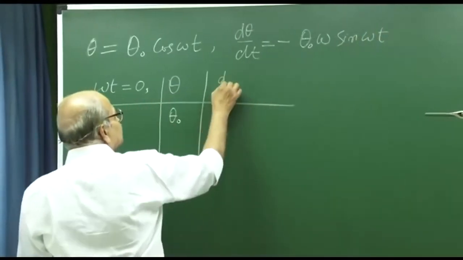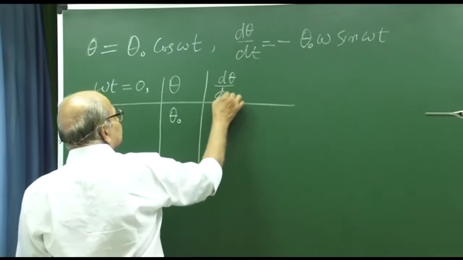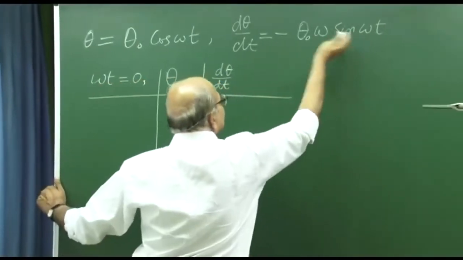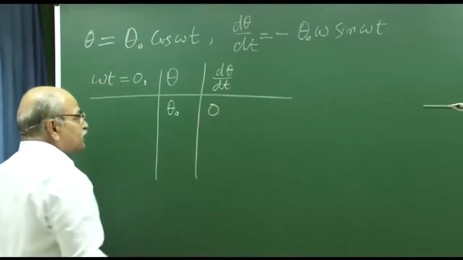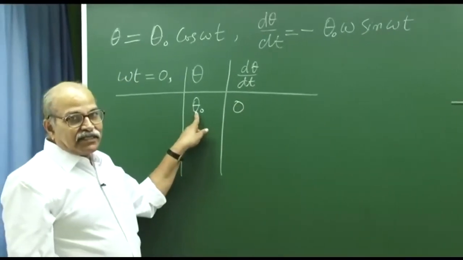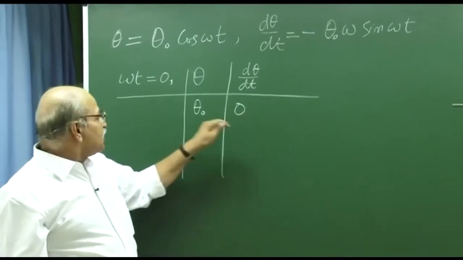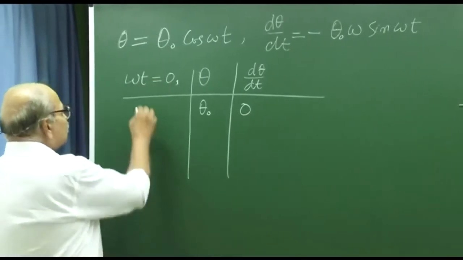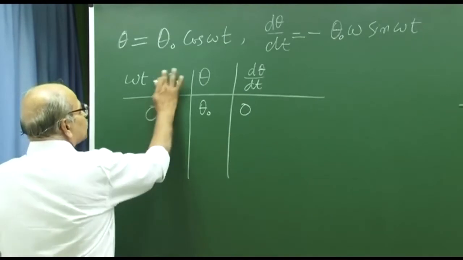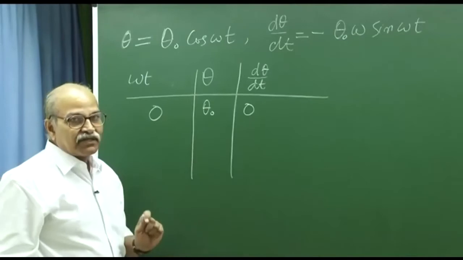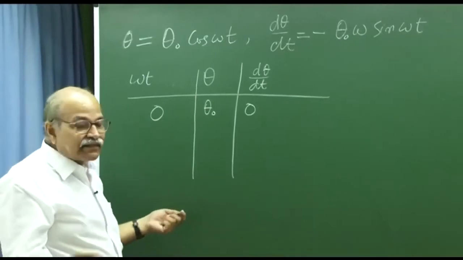So, that angular velocity, if this is 0, sine 0 is 0, so this is 0, correct. Once it is at extreme position, the velocity should be 0. So, just by giving that value of omega t, which is 0 here, you get the position, you get the velocity, so the phase is decided.